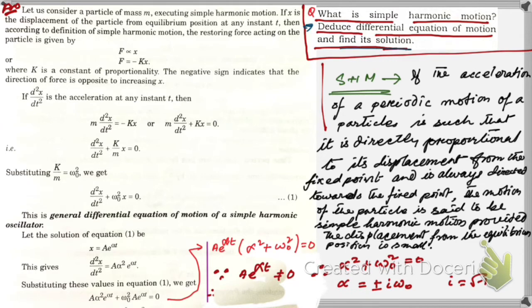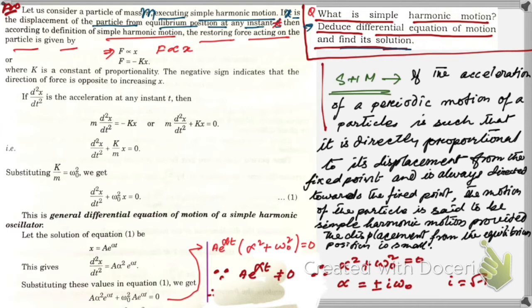Let us consider a particle of mass small m executing simple harmonic motion, and if x is the displacement of the particle from the equilibrium position at any instant t, then according to the definition of simple harmonic motion, the restoring force acting on the particle must be directly proportional to the displacement x.